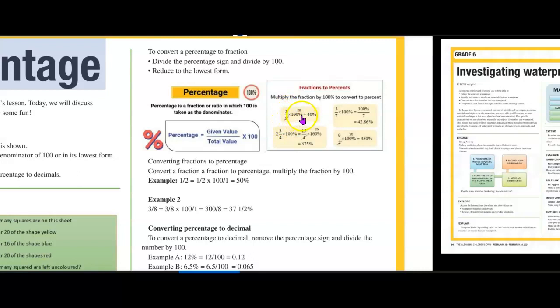We'd say 2/5 of 100, and that would be equal to 40%. 3/7 would be equal to 300 divided by 7, or 42.86%. 3.75 of 100 is equal to 375%. 9/2 would be equal to 450%.